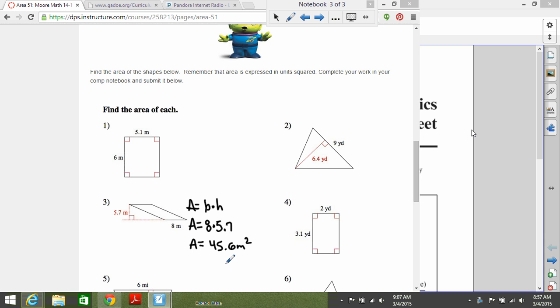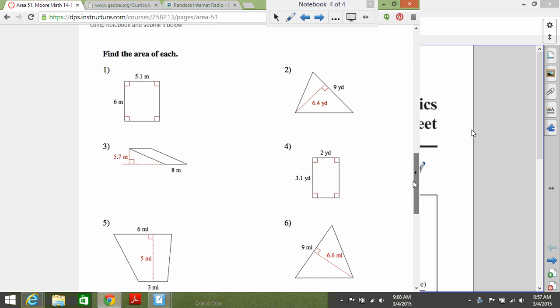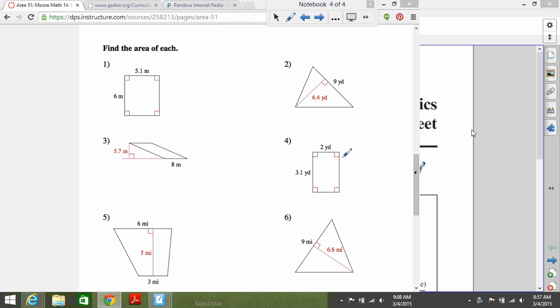Okay, number 4. What shape is number 4? Rectangle. What's our formula for a rectangle? Or length times width, right? Okay. We'll use base times height this time.